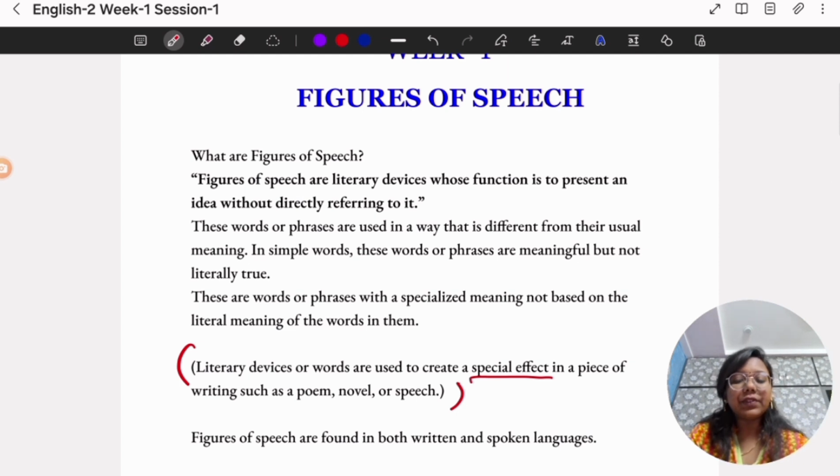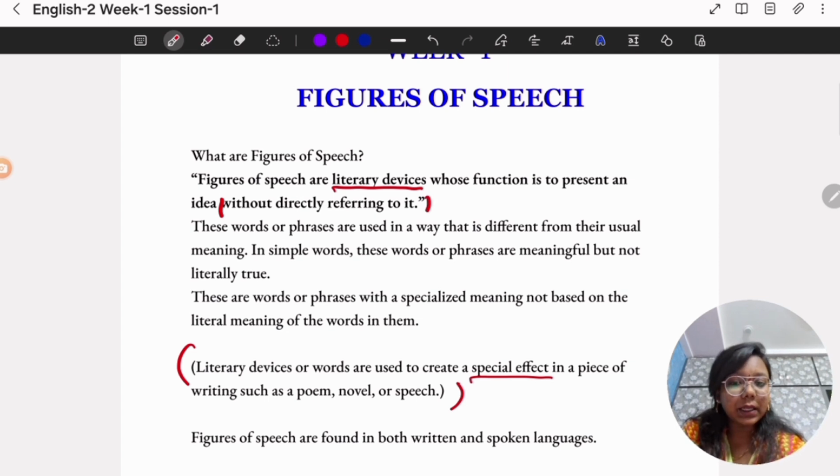So, these literary devices are words, they might be phrases or even paragraphs too. They are generally used to convey a deeper message, deeper meaning to the readers and to engage readers to draw their attention. So, figures of speech are also such literary devices whose function is to present an idea without directly referring to it. What do you mean by without directly referring to it?